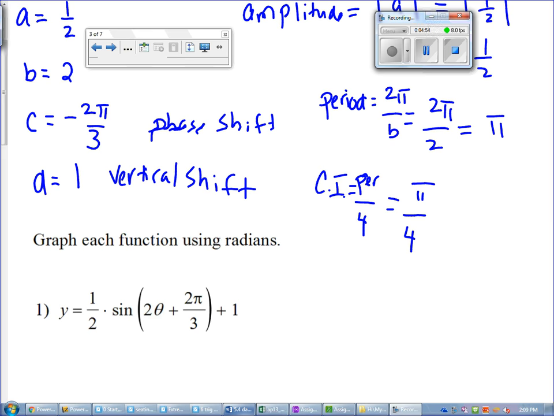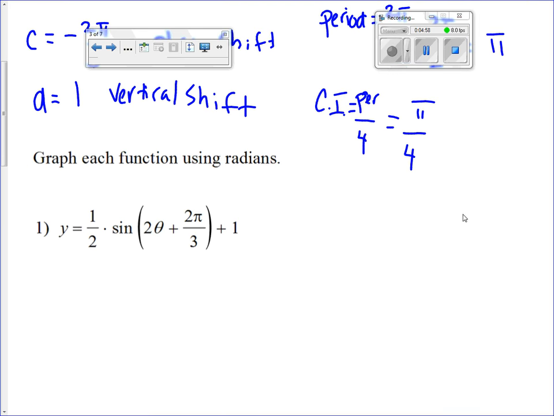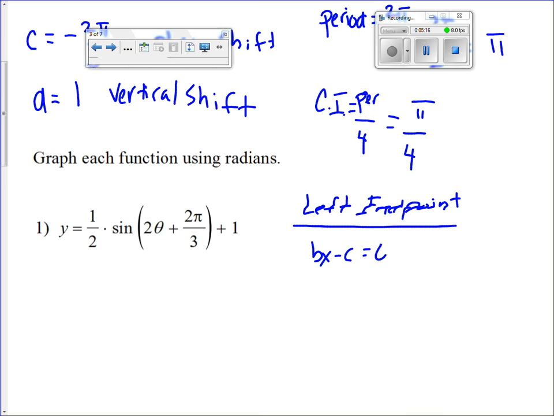Okay, so the next thing we have to do is find the left and right endpoints of this function. Like we said, there's a shift. Okay, so it's not always going to start at 0. We're going to take that into account. So for the left endpoint, our formula is bx minus c equals 0. Right? Now, what this means, bx minus c, it's that part of the equation.